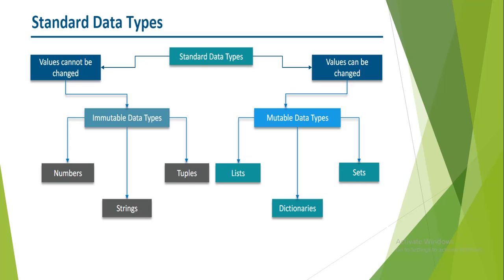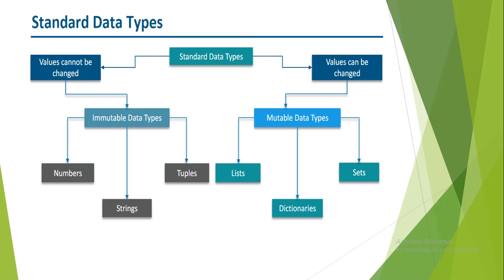Mutable data types means, guys, whenever we are creating some data values and storing them into a variable, after that also we can change them, and we can do some operations or manipulate those values by using some techniques. So we can change those values. That's what a mutable data type is.